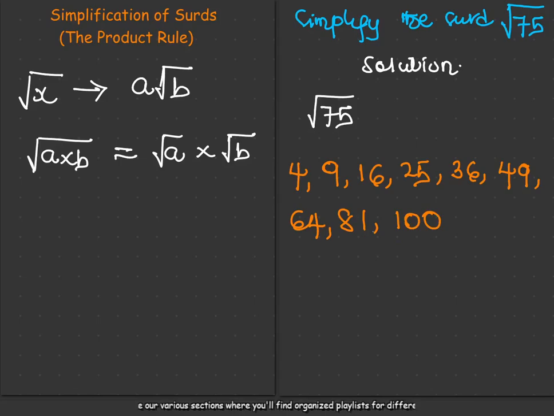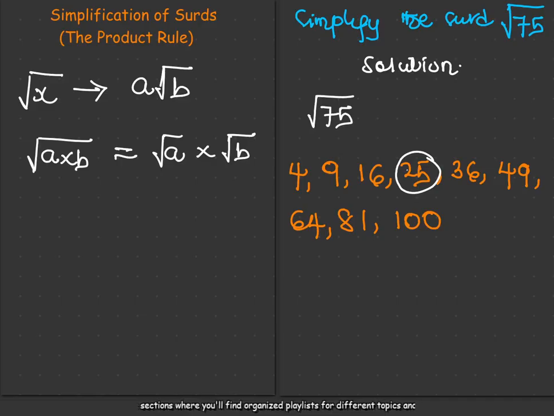So what we want to do is identify which of these perfect squares is a factor of our 75. For that matter, take the biggest one. Looking at it closely, you realize that 25 here is a factor of 75.